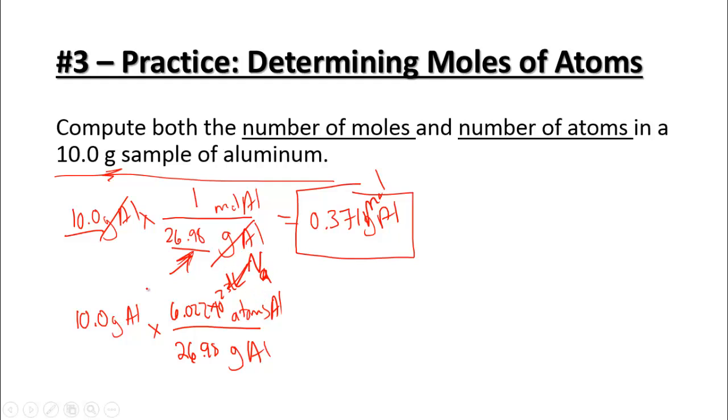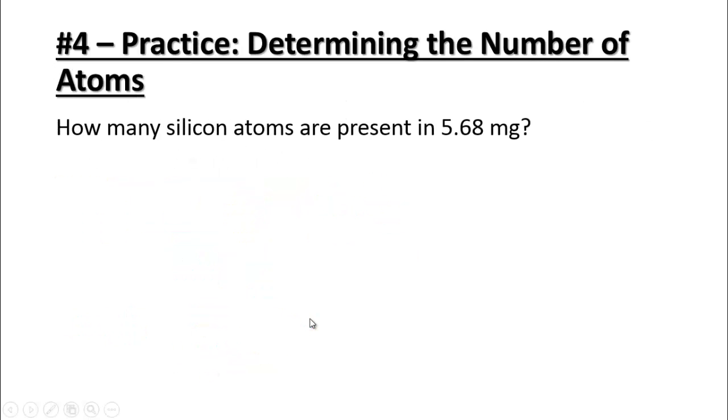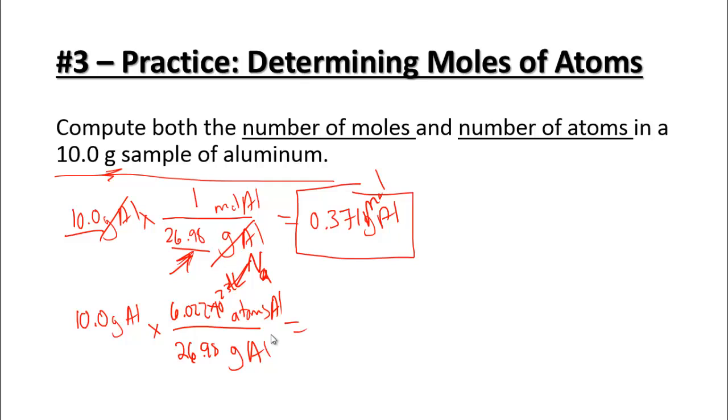So we have 10 grams times this number divided by that number. And if we multiply that together and do the division there, we end up with 2.23 times 10 to the 23rd atoms of aluminum.